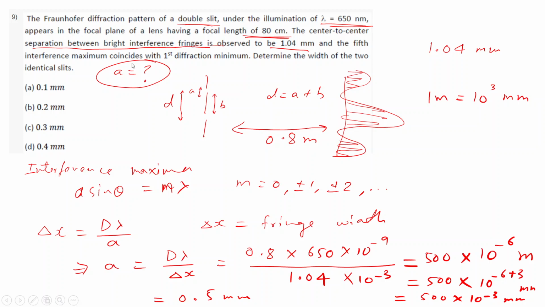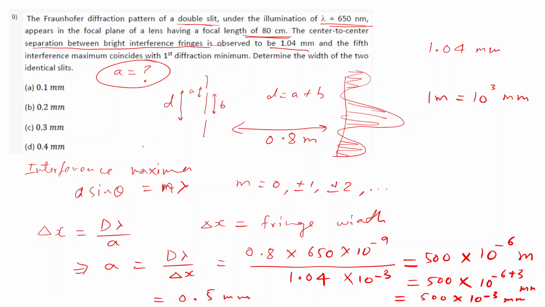In the diffraction minimum condition, we'll get, let's call it B sin theta is equal to width of... sorry, I made a mistake here. Okay, so A that I have used here should be the slit separation.